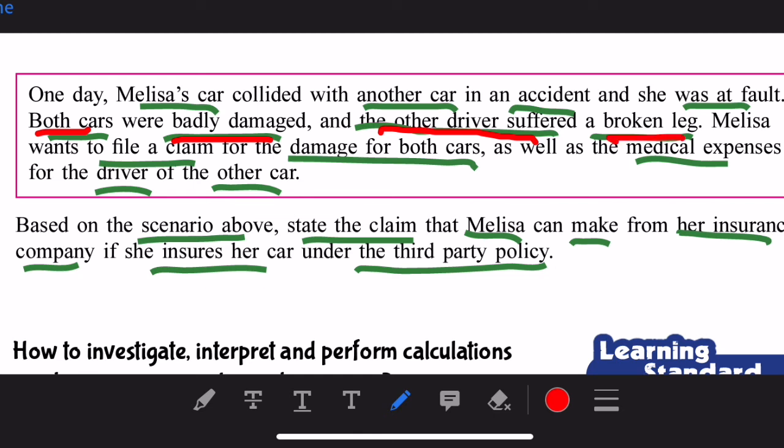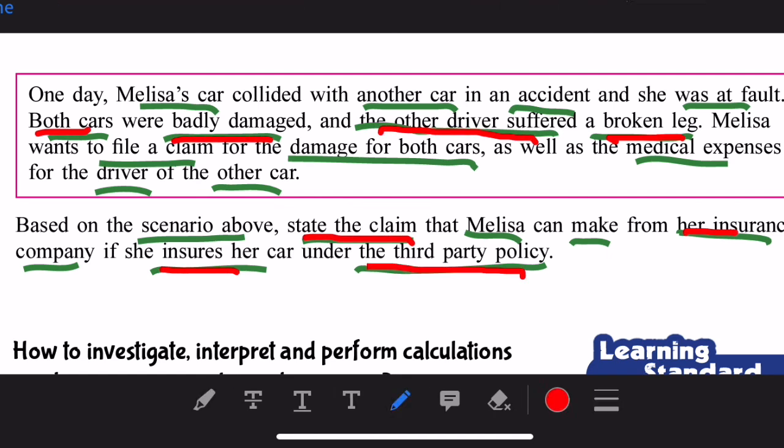Melissa wants to file a claim for the damage for both cars as well as the medical expenses for the driver of the other car. Based on the scenario above, state the claim that Melissa can make from her insurance company if she insures her car under the third-party policy.